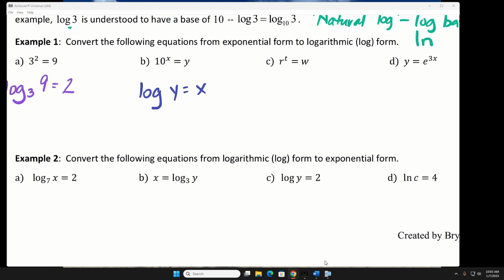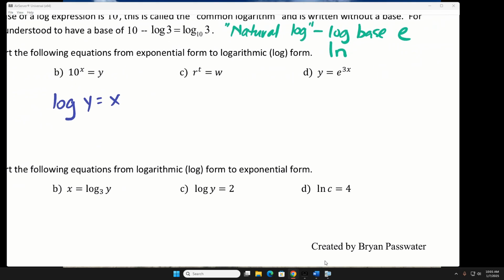Let me switch things up. All right, so just be careful on D that you don't write log base e, that you just write it as natural log of y is 3x.